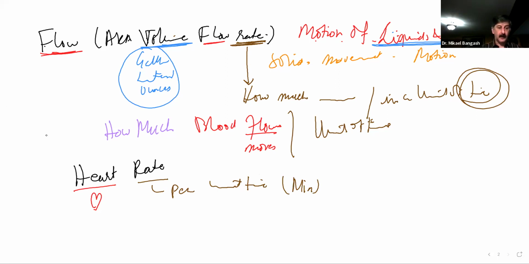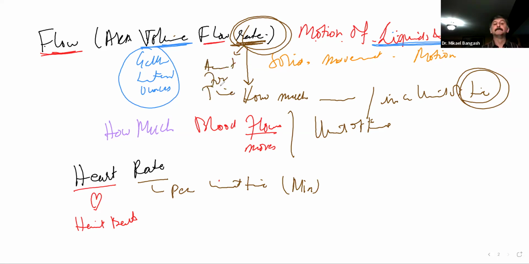By the heart, what we actually mean is the heart beats. So the number of heartbeats per minute was what we call the heart rate. In most instances, not every instance, when you see the word rate, this rate will mean account for time.